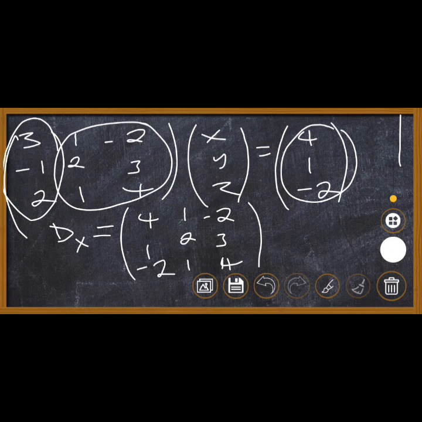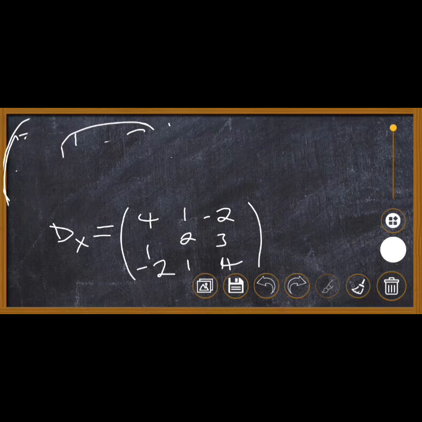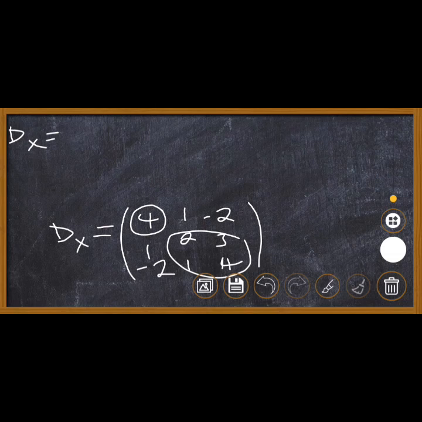Since we have already done this, go ahead and find the determinant for this using the same procedure that we had done before, so that you assess yourself and see how far you have understood. Of course by now we know, so dx is going to be, this time we're going to multiply 4 with this matrix here, 2, 1, 3, and then 4 here.